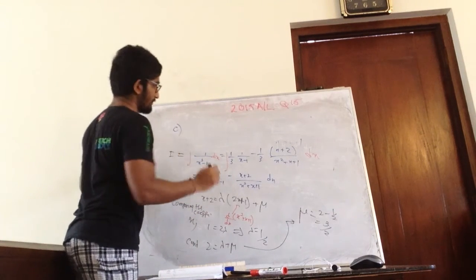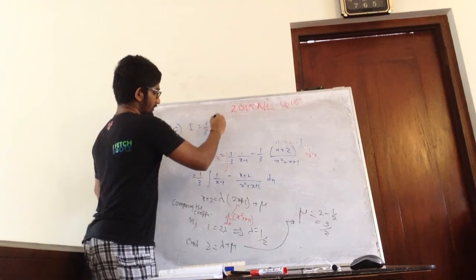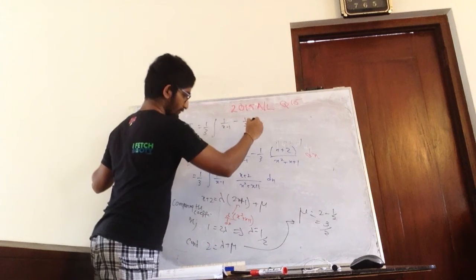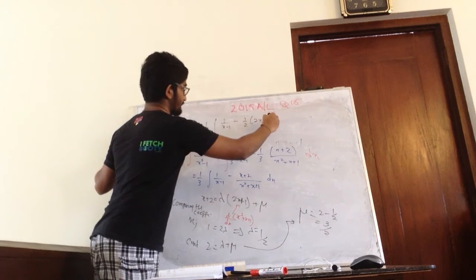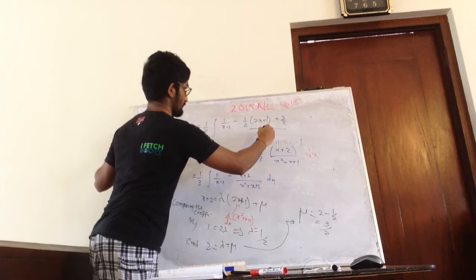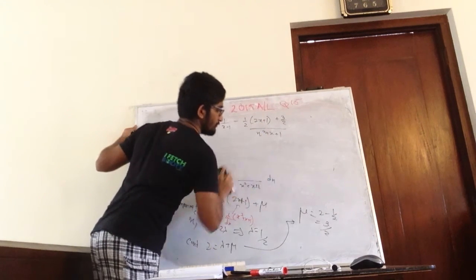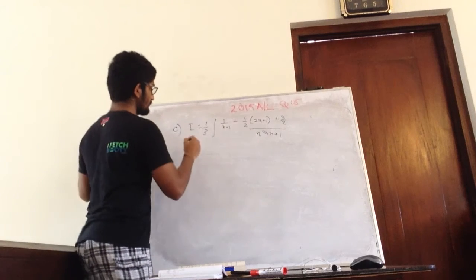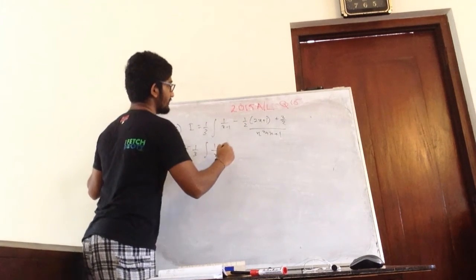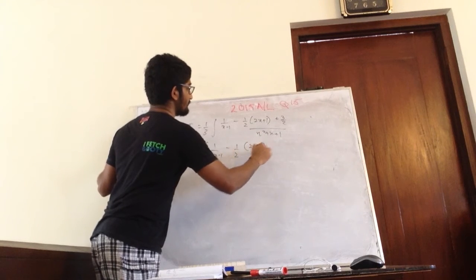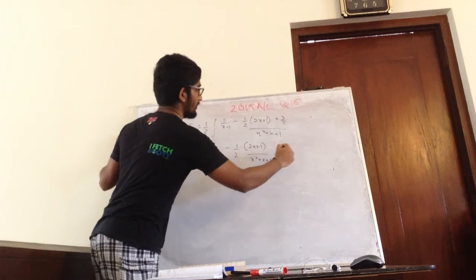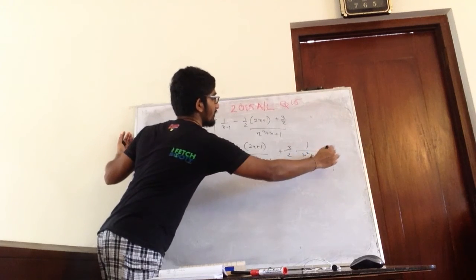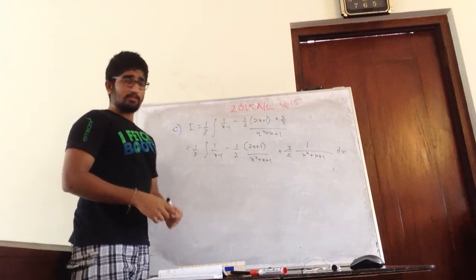It is easier, so I'm going to name this as I. So I will be 1 over 3 integral of x minus 1 over lambda, which is half, minus half times 2x plus 1, plus 3 over 2, over x square plus x plus 1 dx. Right? So these two answers are straightforward.